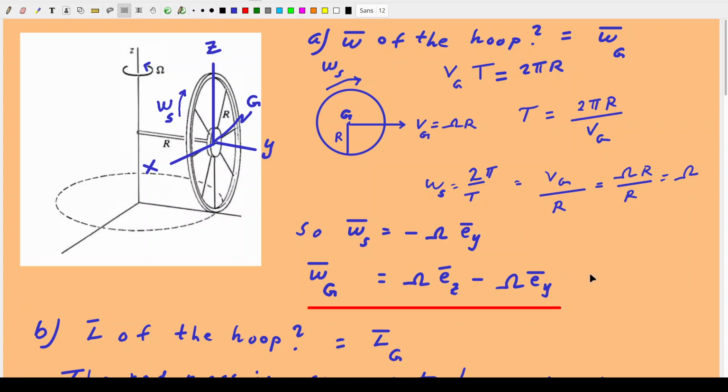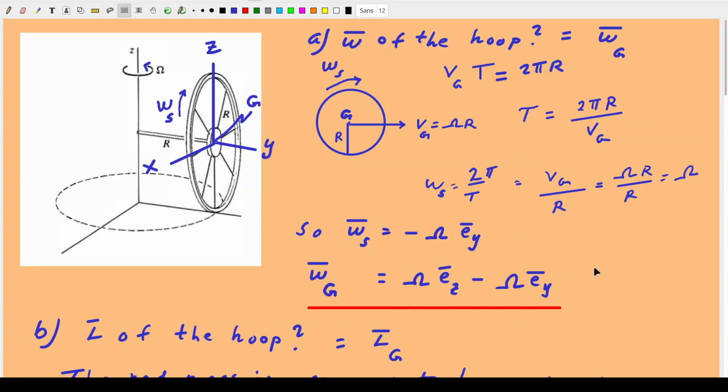So the total angular velocity vector has two contributions. One due to that rotation around the y-axis, and one, the whole wheel here is also rotating around the z-axis, as we are going along this dashed path.